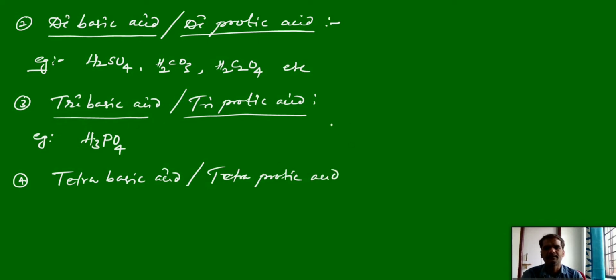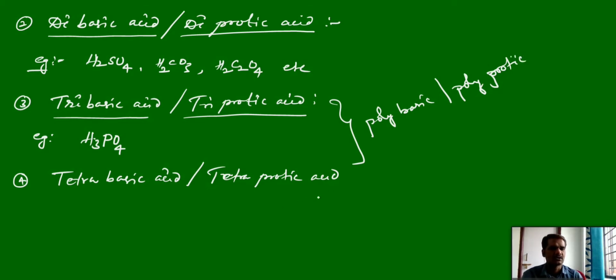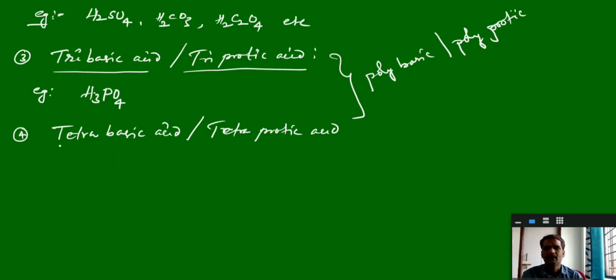Here this triprotic and tetraprotic, mainly we can call polyprotic or polybasic. Usually more than 2, we can call them as a polybasic or polyprotic acid, which can give more than 2. Example for tetrabasic acid or tetraprotic acid.